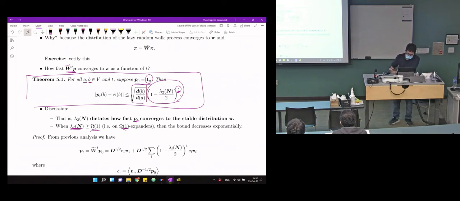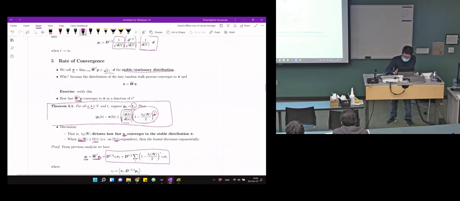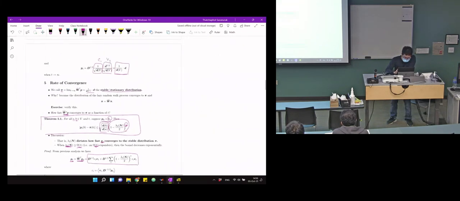I will continue from the last proof. We wrote before that pt, which is W tilde to the t times P0, is this thing.